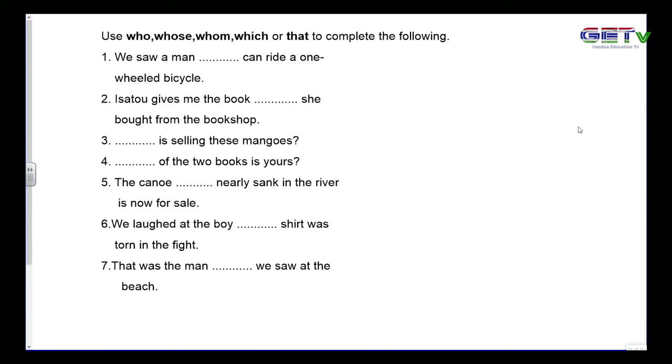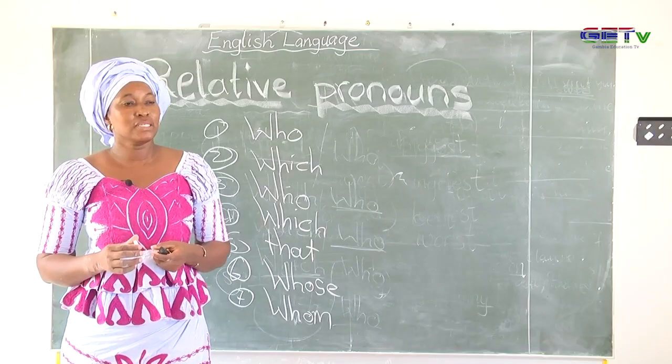And 7, that was the man whom we saw at the beach. And that is our last activity for this exercise.